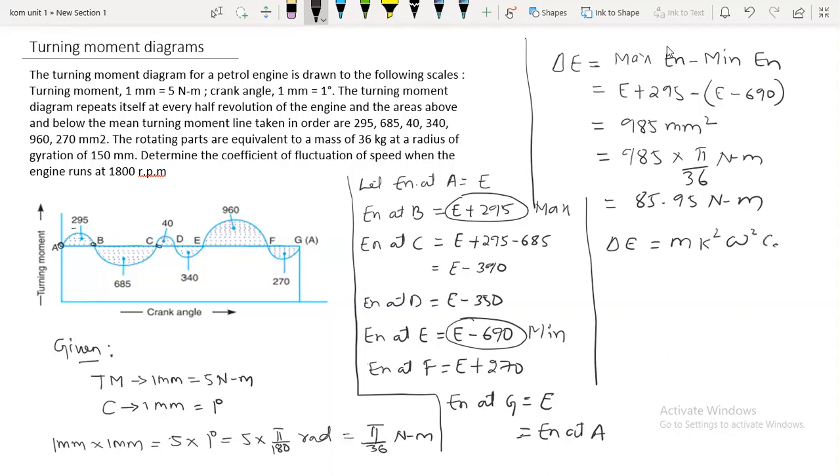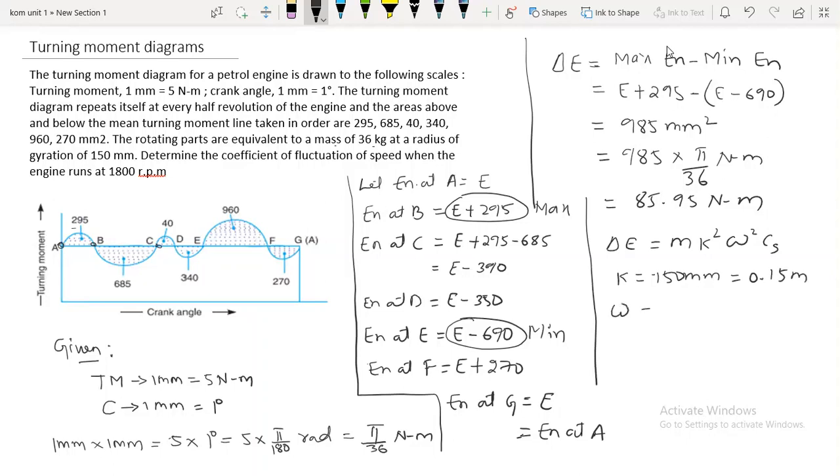Now we also know that delta E is equal to m into k square into omega square into Cs. M is given as 36 kg. K is the radius of gyration, given as 150 mm, so converting this into meters it will be 0.15 meters.